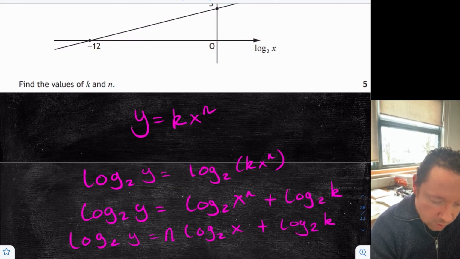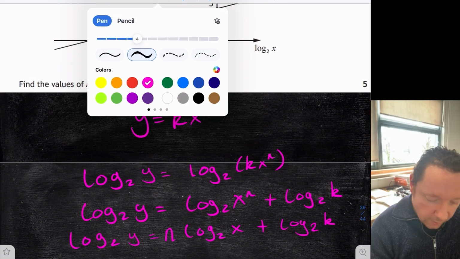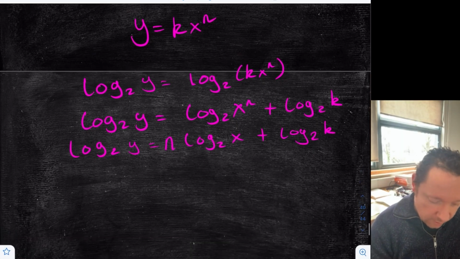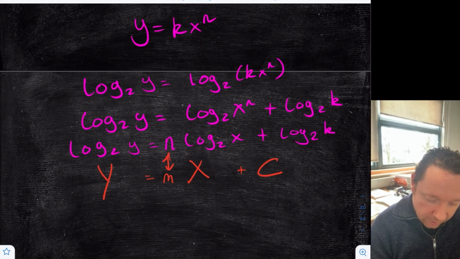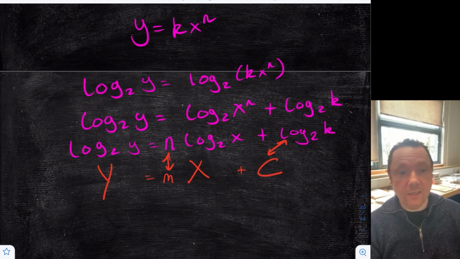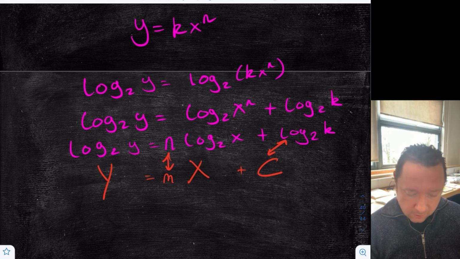And that looks like now y equals mx plus c. That's like your big Y equals, that's like your mx plus c. So our gradient is equal to our n, and our c is equal to our log 2k. So if we can find the gradient, we know our n, and we can find c with where it cuts the y-axis, we know log 2k.